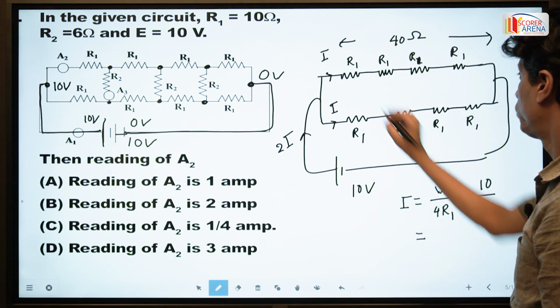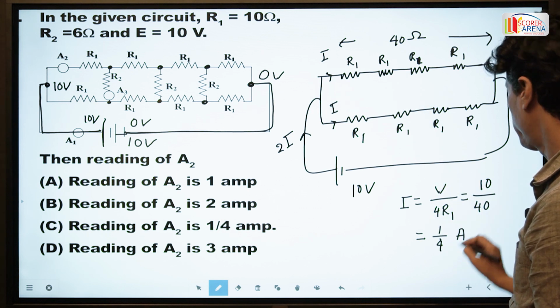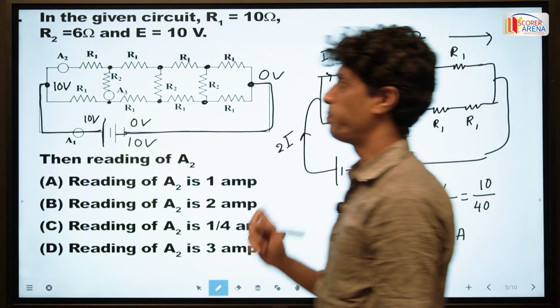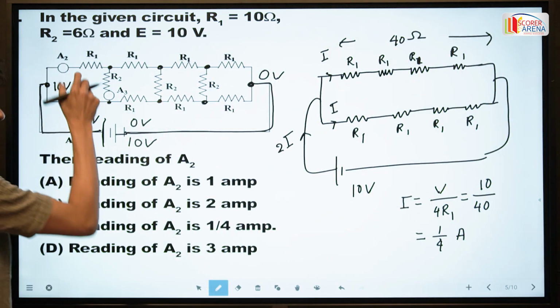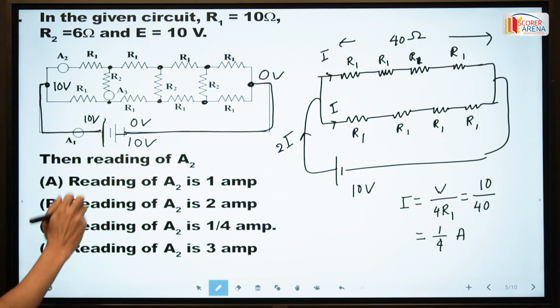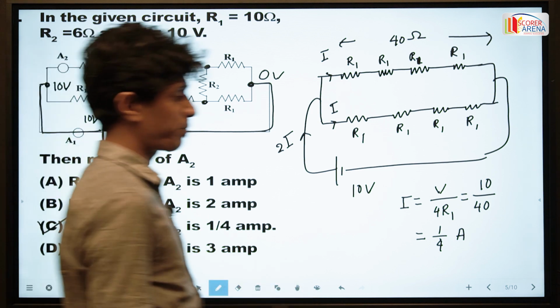With 10 volt given, the current through this branch is 1 by 4 ampere. This means the ammeter in this branch measures a current of 1 by 4 ampere, which is the right option C. Next problem.